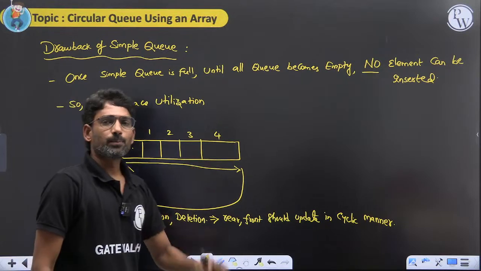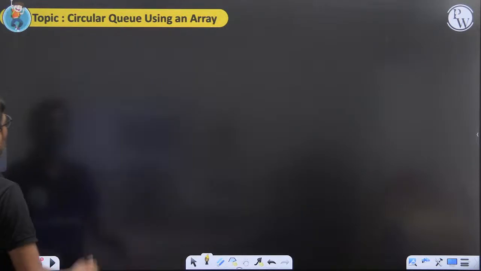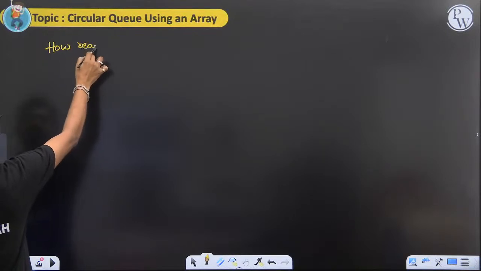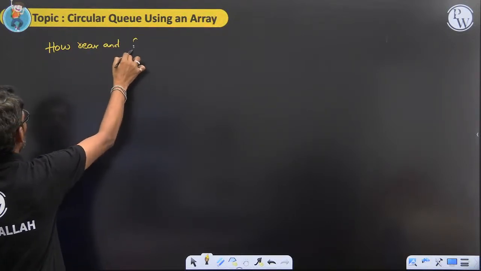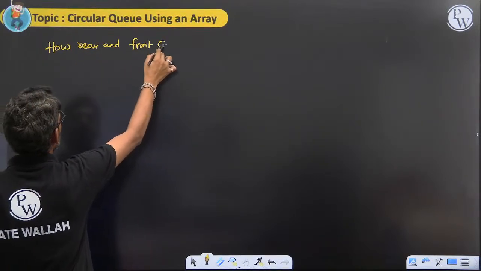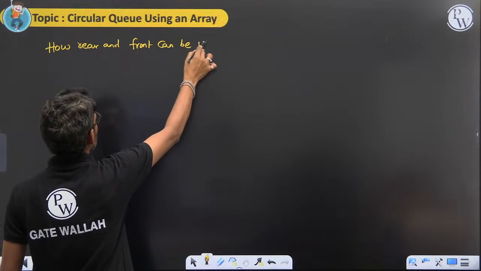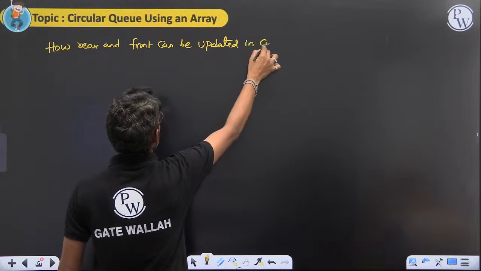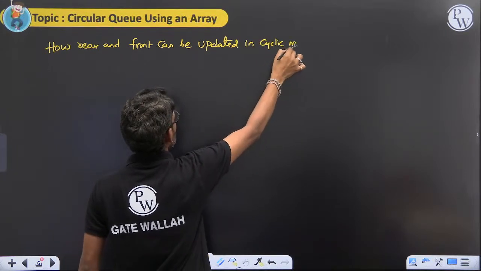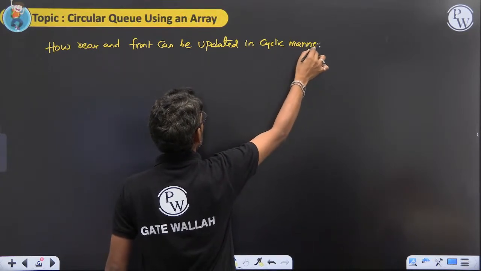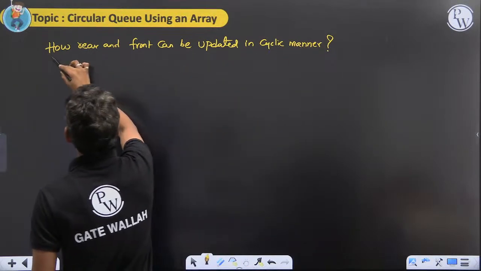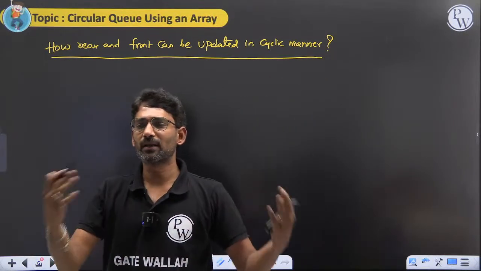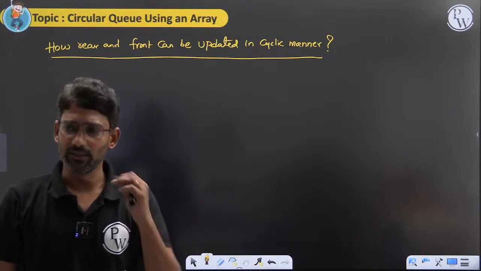So how can rear and front be updated in a cyclic manner? Now this is the big question. If we can achieve this, then the simple queue turns into a circular queue.